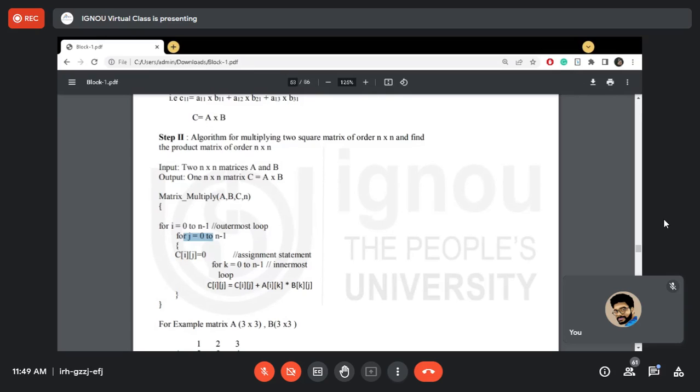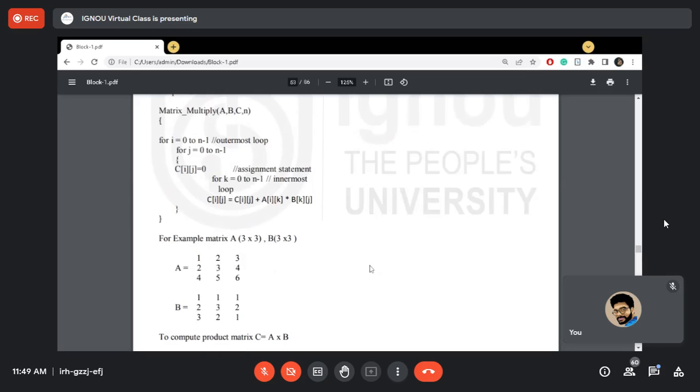After that, we initialize all the values of the C matrix to 0, because if we didn't initialize, it would take a garbage value. The innermost loop is here, that will do the addition and multiplication of A and B in C, right? So this is the pseudocode.